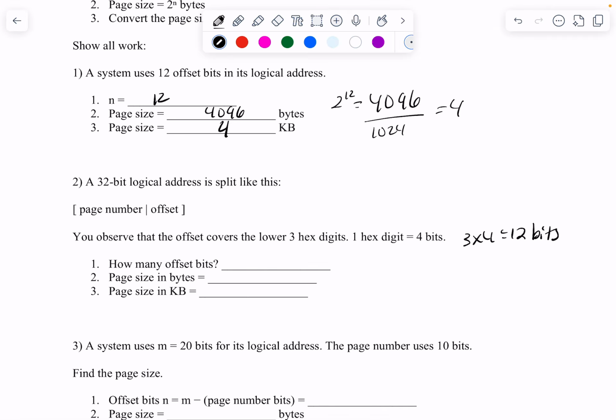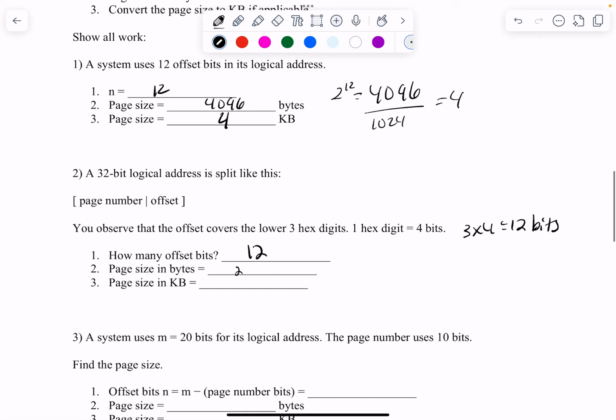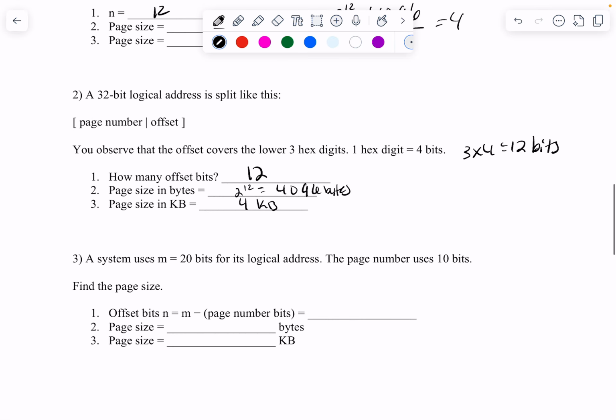So for the offset bits, we're going to get 12 from that. And 2 to the 12th power, again, that's going to be 4096. And that's going to be the same thing as the above, which is 4 kilobytes per page.